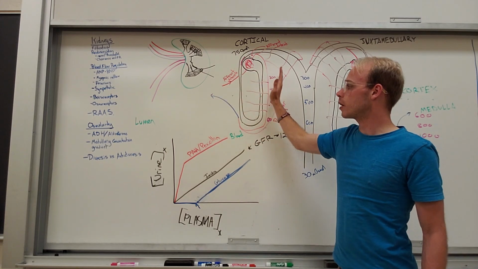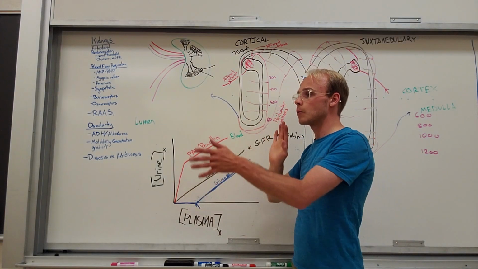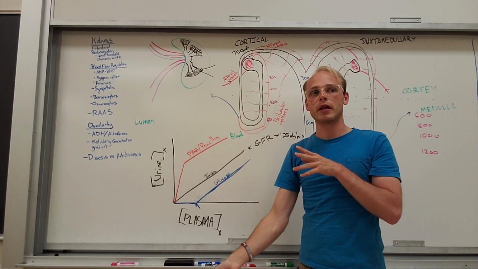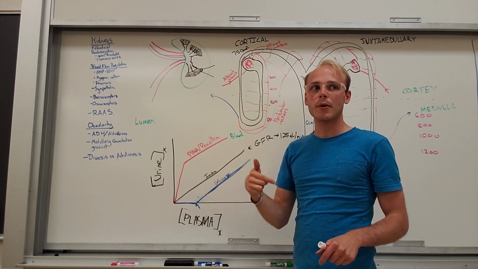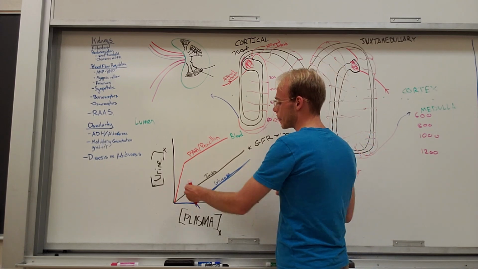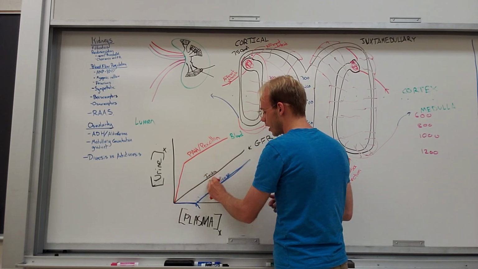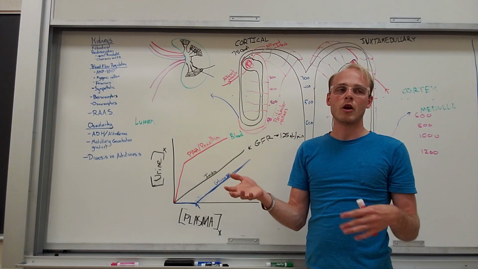Secretion is pulling things out of the blood back into the nephron. So some of it passes by, and then even more of it is pulled into the nephron so we can dump it. But same thing with the glucose, there's only so many protein transporters. So if we pump a ton in there, eventually we'll get to a point where it's in line with inulin because we've saturated those proteins.